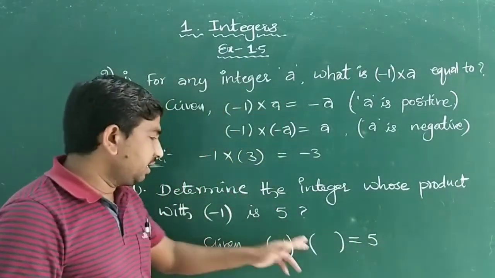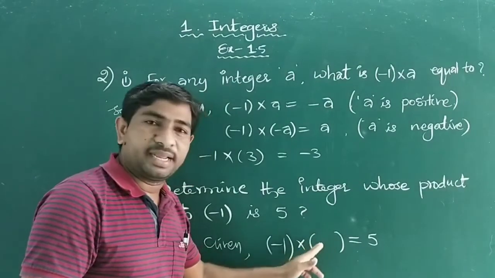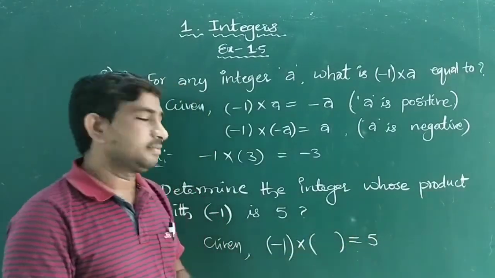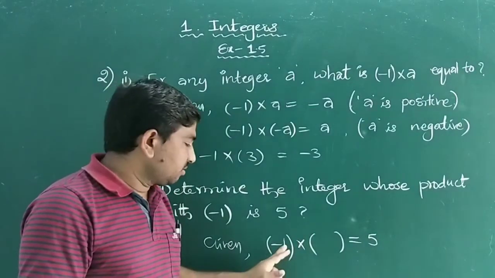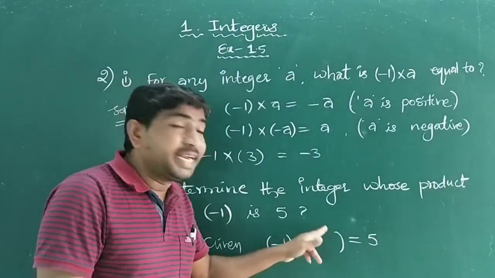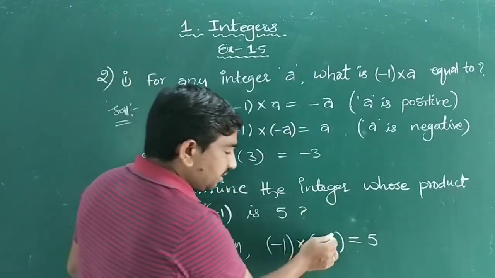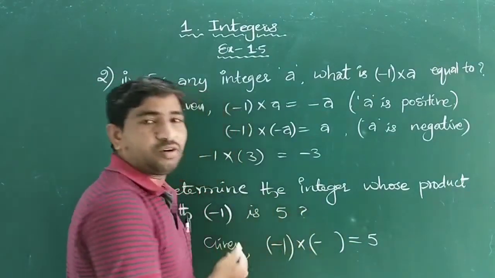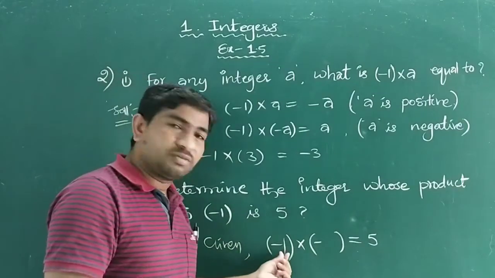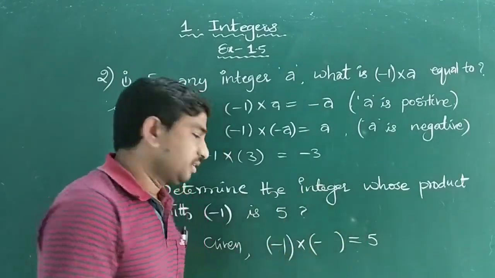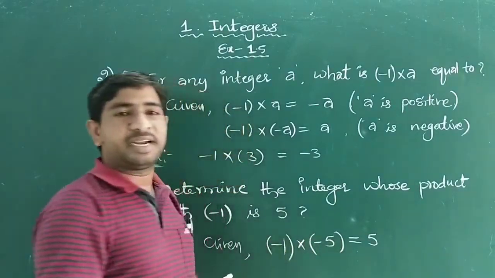Now see here, if you write any number here, the product of these two results in plus 5. Minus 1 is given, and multiplying a number with a negative number gives a positive result only when, minus into minus is plus, so the required number must be in negative form, compulsorily. And 1 into something is something, so 1 into 5 is 5.